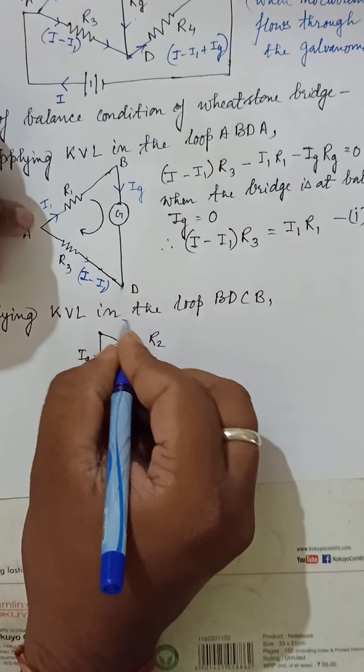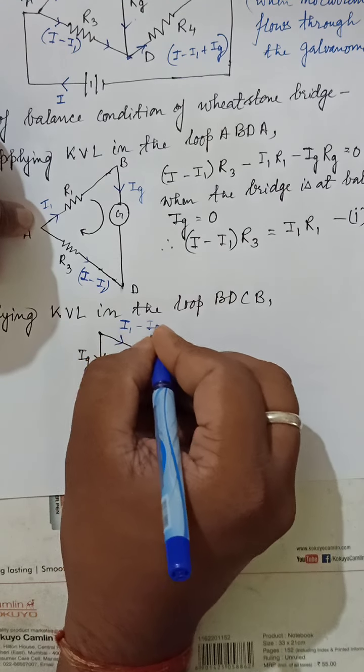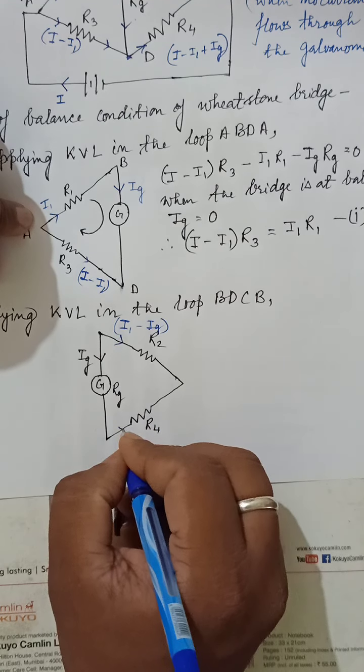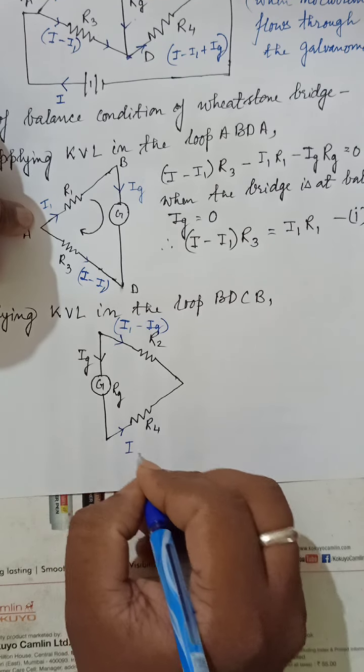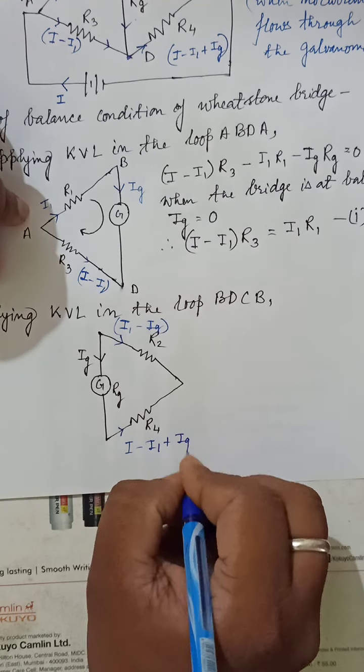So this one will be I1 minus Ig, and this one will be I minus I1 plus Ig.